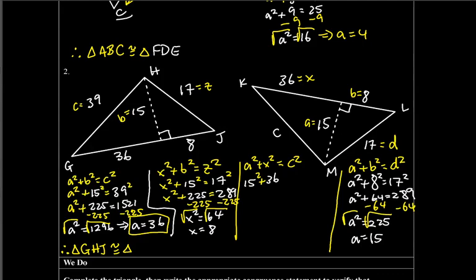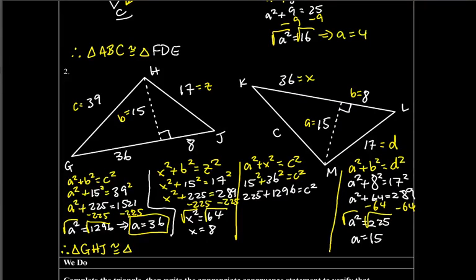X is 36, equals C squared. So 225 plus, let's see, 36 squared, 1296 equals C squared.